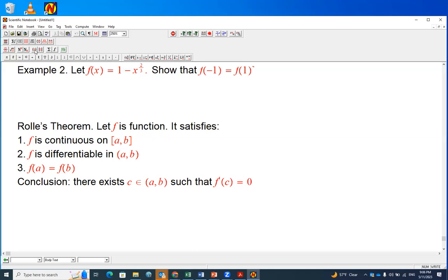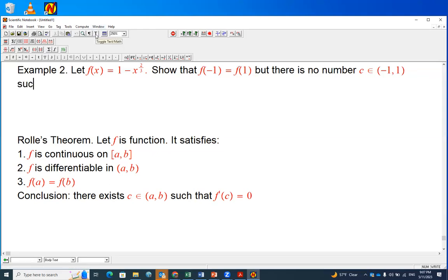We're going to show that, but there is not a number C inside the interval from -1 to +1 such that the derivative of the function at C is 0.